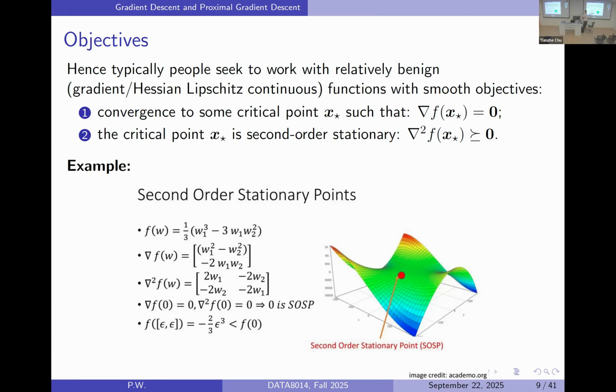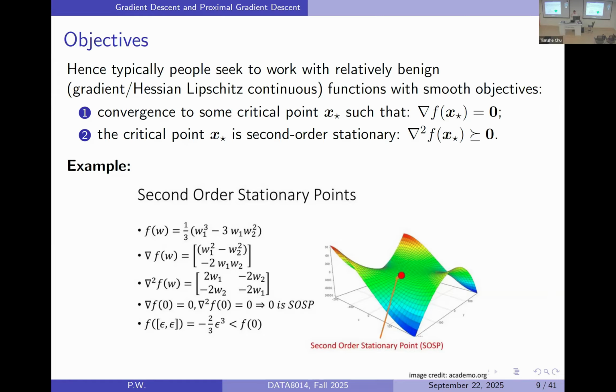But if you consider a point epsilon and substitute it into the gradient, the gradient is not 0. Oh, sorry, the first component is 0, the second is not.